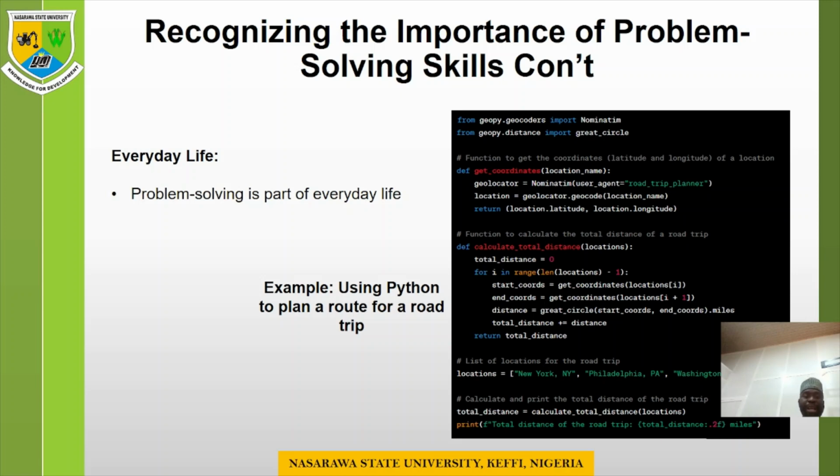In this other case, we have a real life, everyday example. You're using a Python program to find the best route for your trip. You want to go to Kaduna, for instance. You have a choice of passing through Abuja to AYA to Zuba, and you go to Kaduna. Of course, you can pass through Gidan Wire from Kefi, and you can also go through Akwanga to Forest, and then you find your way to Kaduna.